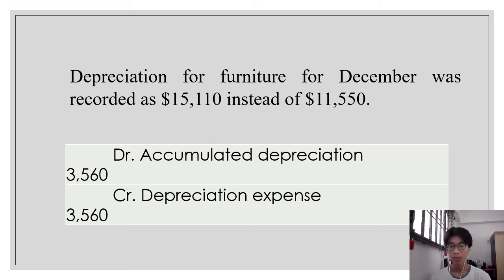Therefore, to reverse the difference out so that it's the correct $11,550 for depreciation, we reverse the standard depreciation journal entry. Therefore, we debit accumulated depreciation 3,560 and we credit depreciation expense 3,560.